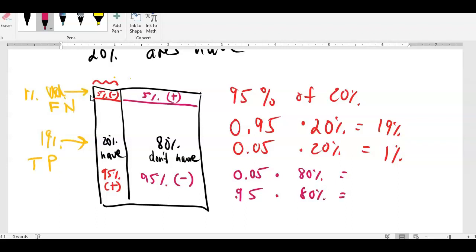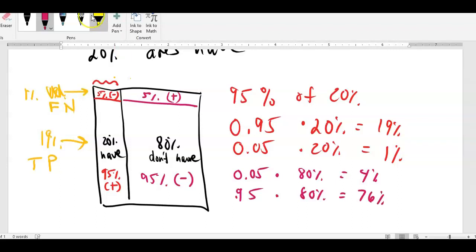All right, so if you want to just type those in, check my work here. 80% times 0.05 is 4%, and 95% of 0.05 will be the other 76%.